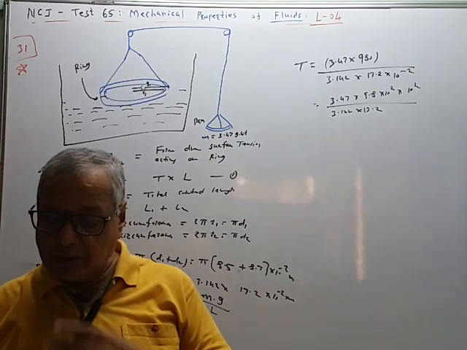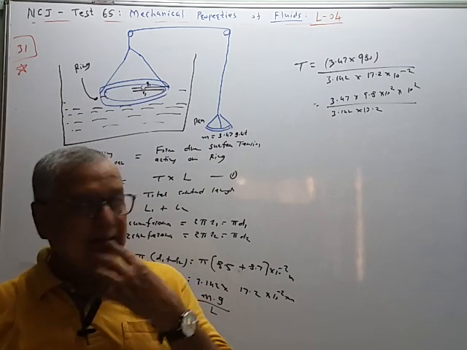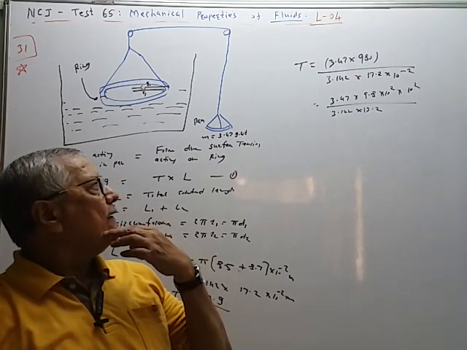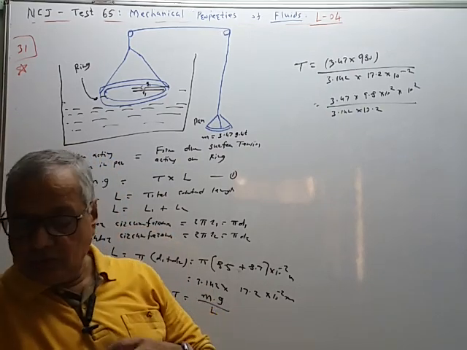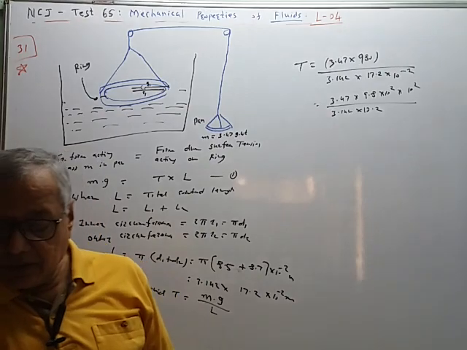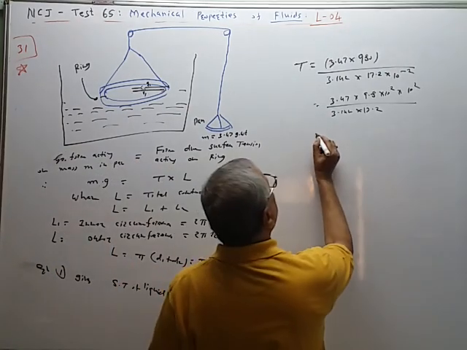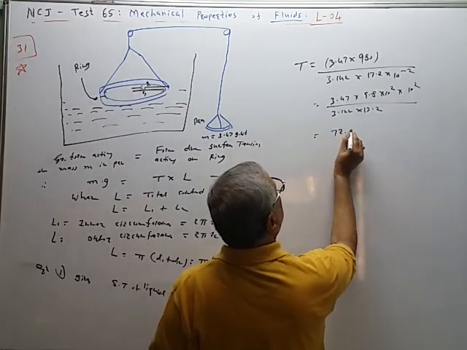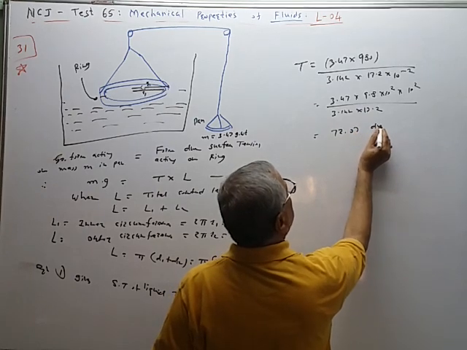So take the calculation. 72.07 dyne per centimeter.